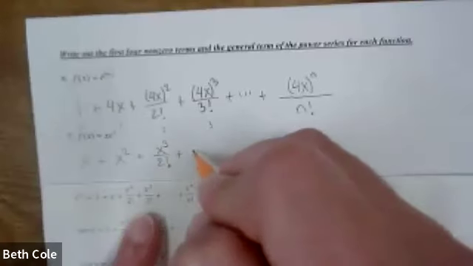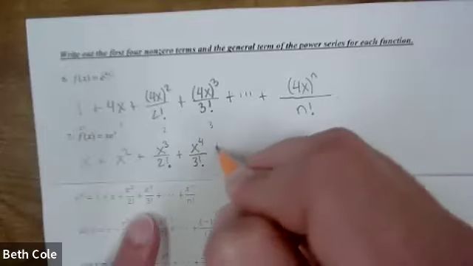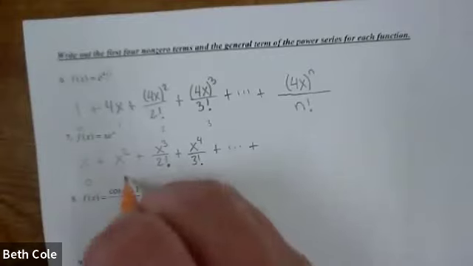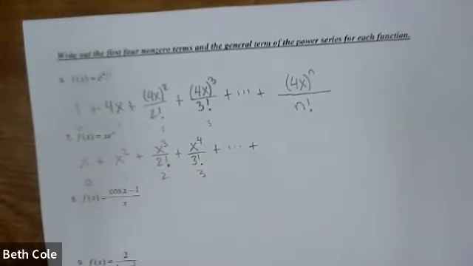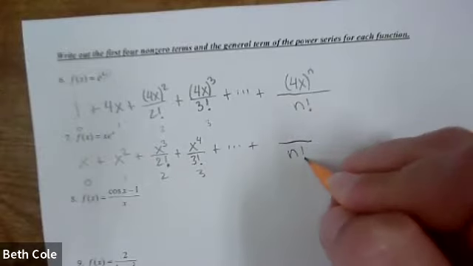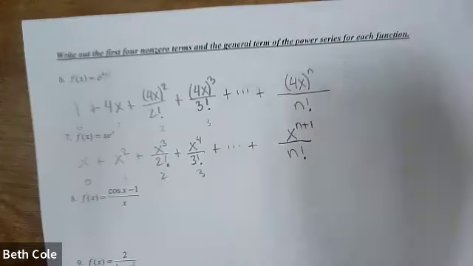All right, plus x to the 4th over 3 factorial. And then we're going to write the general term. So the denominator would still be just n factorial. The numerator would be x to the what? Perfect. You guys got it. Nice job.